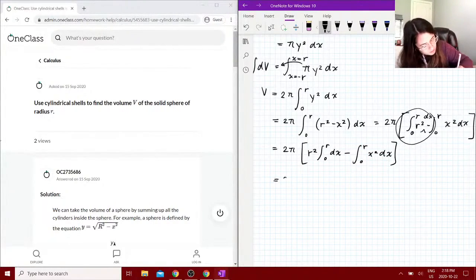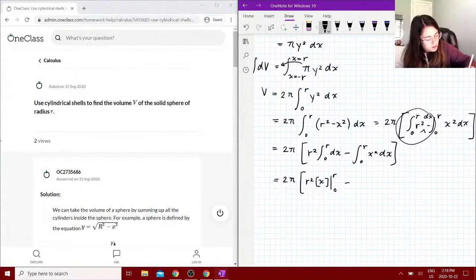Okay, next up. Now, dx integrated is just x, but we can't forget to evaluate it from r to 0, right? So that will be in the next step. And then we have the integral of x squared dx.